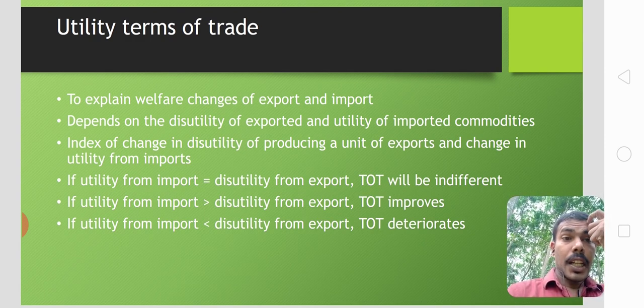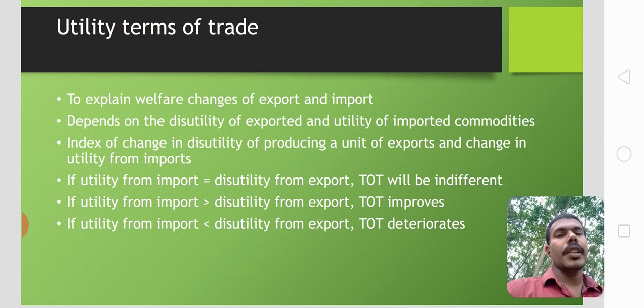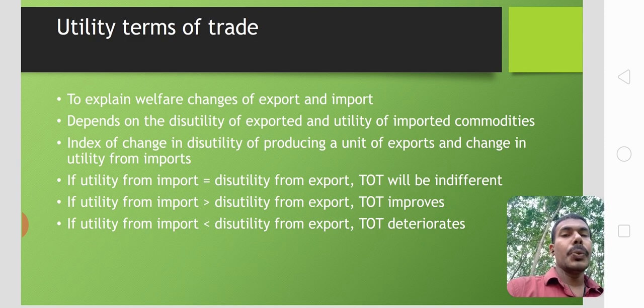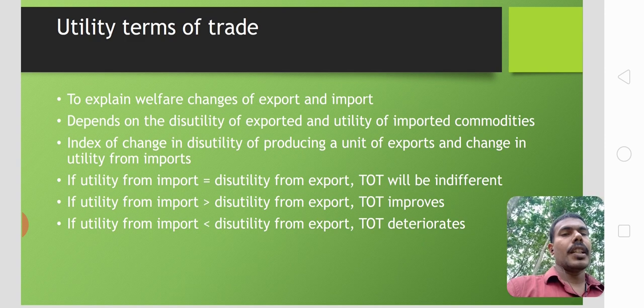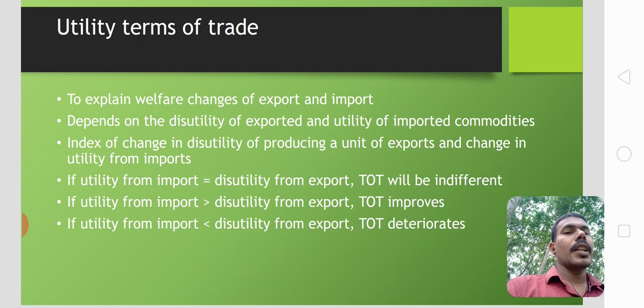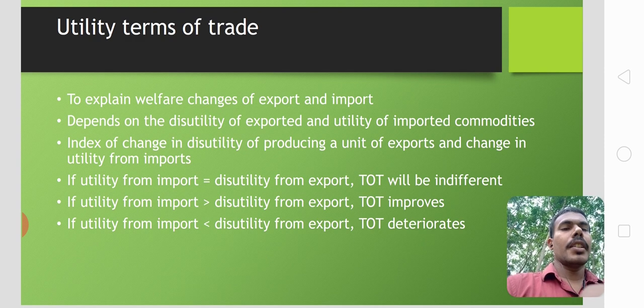It remains unchanged, in a neutral situation. If the utility from import that we receive is greater than the disutility from the export of export commodities, that means terms of trade is improving, better off. At the same time, if the utility from import is less than the disutility from export, that means the terms of trade of a nation is worse off or deteriorating.